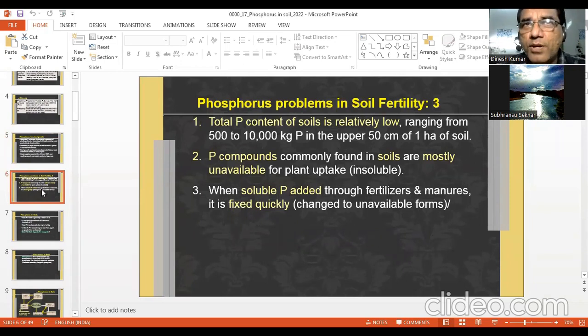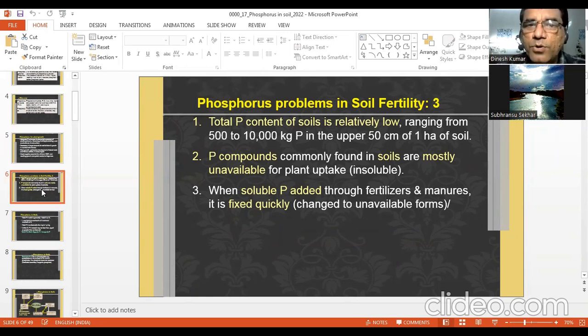So far as soil fertility is concerned, you are adding some nutrients, or some essential nutrients are supplied. But so far as fertility related to phosphorus is concerned, it has three major problems.